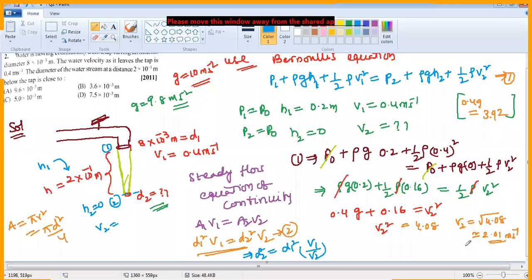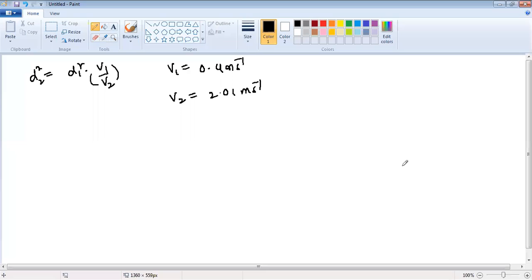D1 is 8 into 10 power minus 3 meter. I will go to the next page. We continue the previous concept: D2 square is equal to D1 square into V1 by V2.